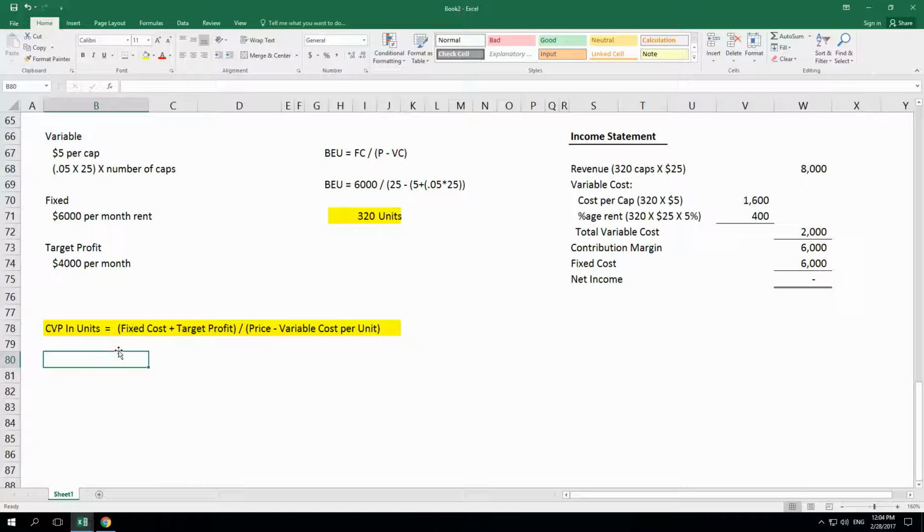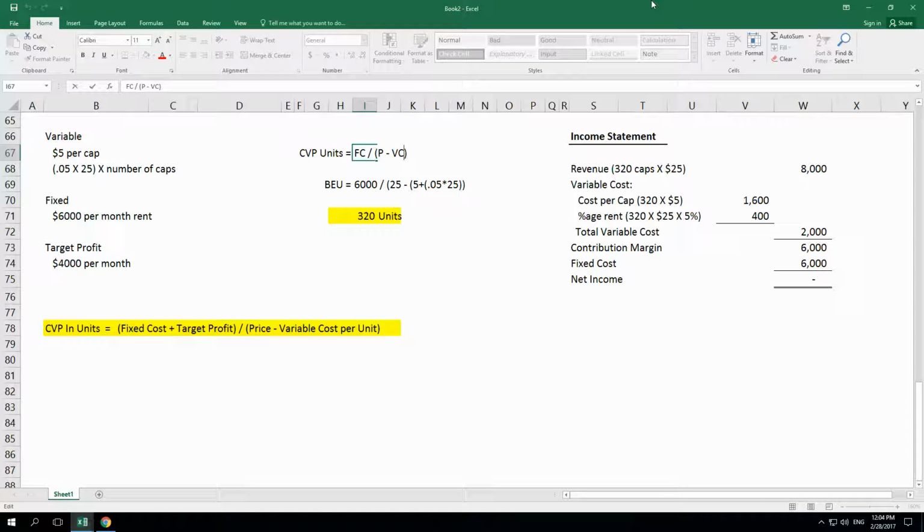If we do that, now we can take our formula, and I have it listed down here, and then feed it back up here. We'll say I want to call it the CVP in units. Okay?